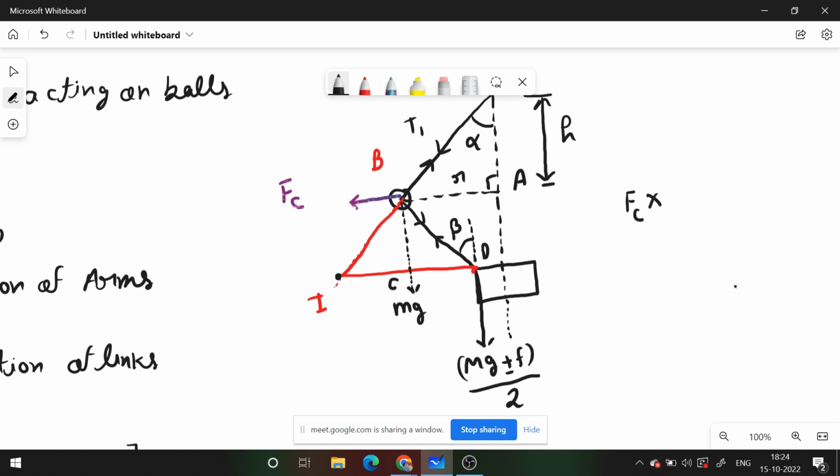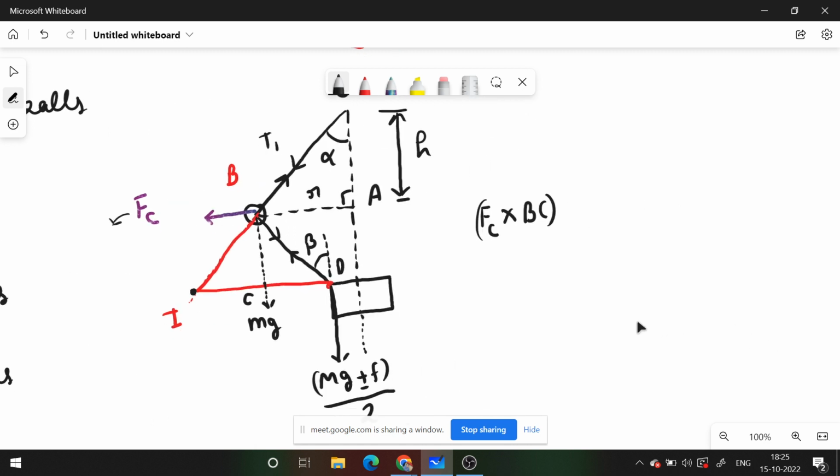Here the perpendicular distance between centrifugal force Fc and I is BC. This force produces a counterclockwise moment about the point I, and the remaining two forces will produce a clockwise moment about the same point I.